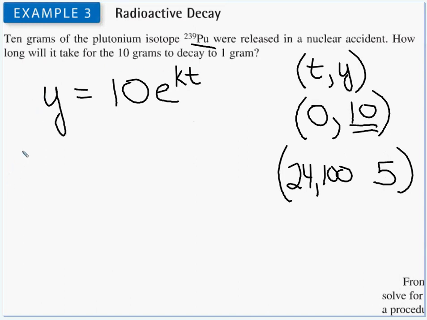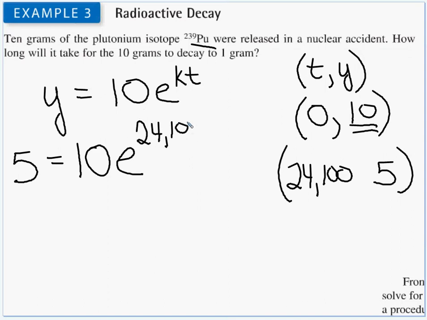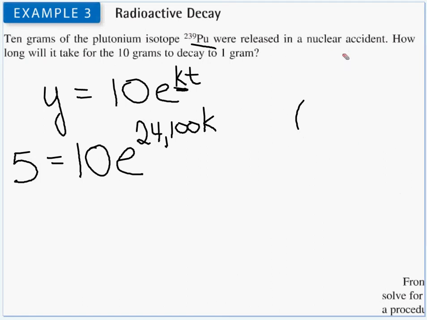So our y value is now 5 is equal to 10 e to the 24,100 times k. All right, we want to solve this for k.